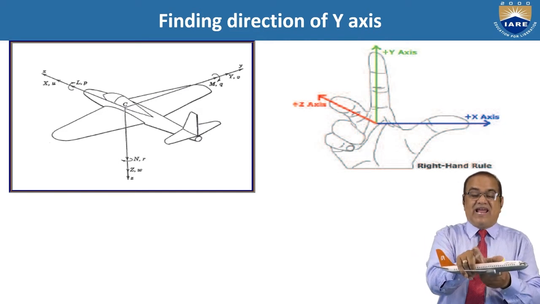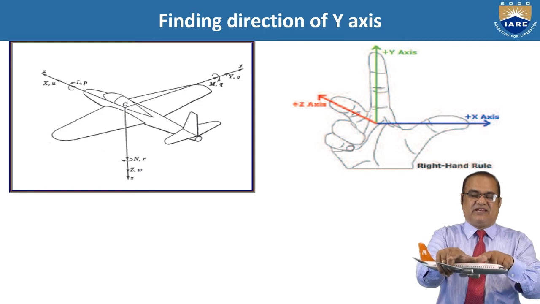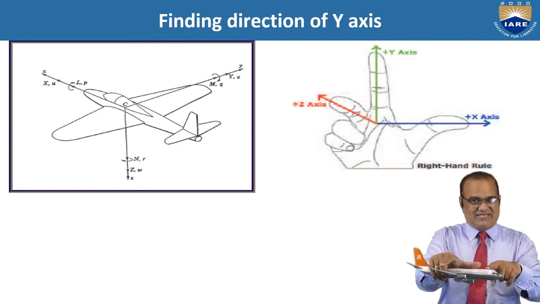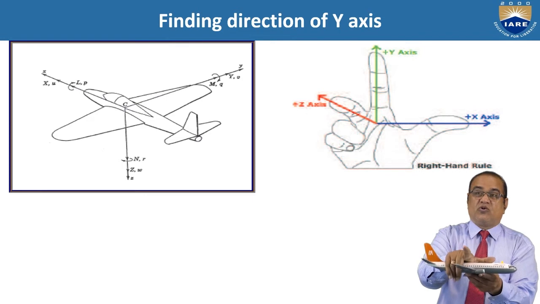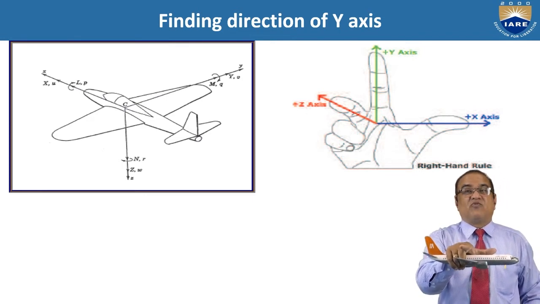If you are the pilot, x towards the nose is called plus x. Towards the earth it is called plus z. So your forefinger will be pointing towards plus y.